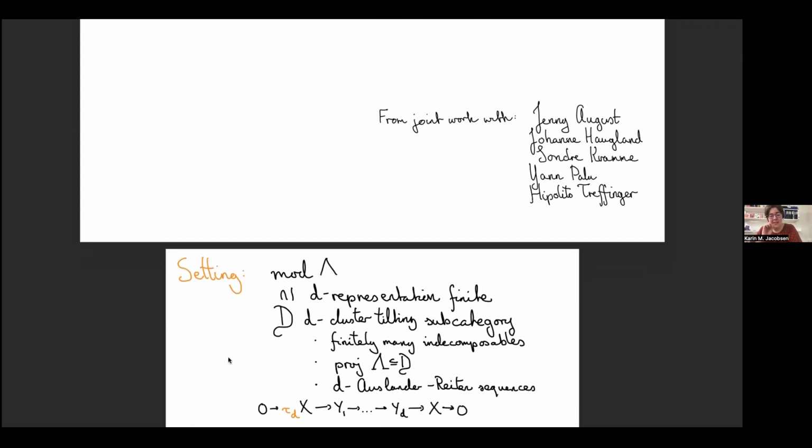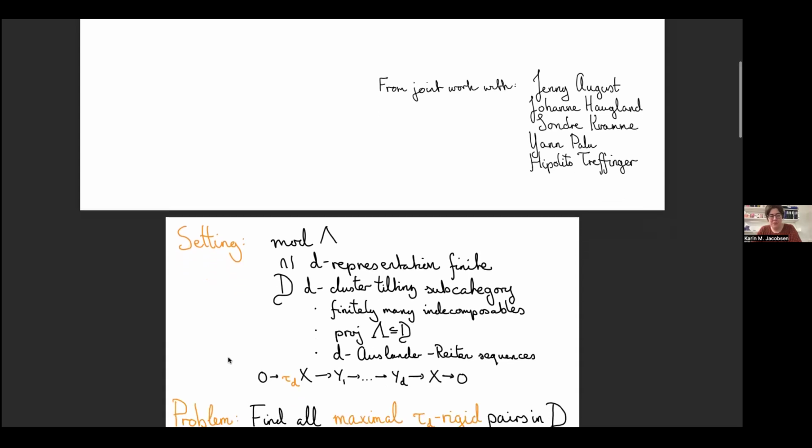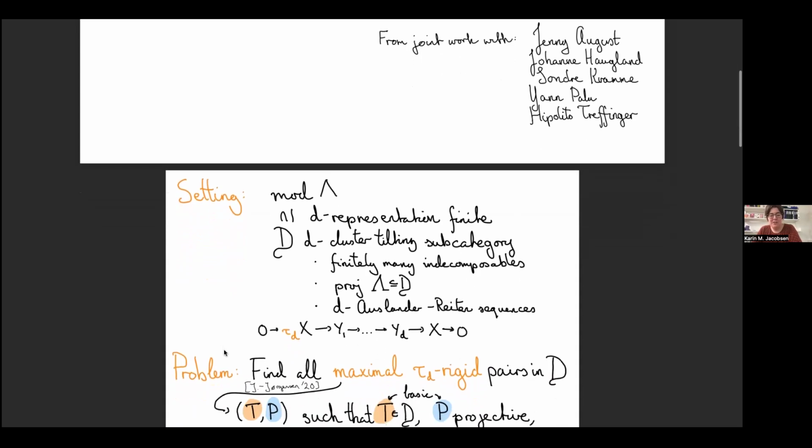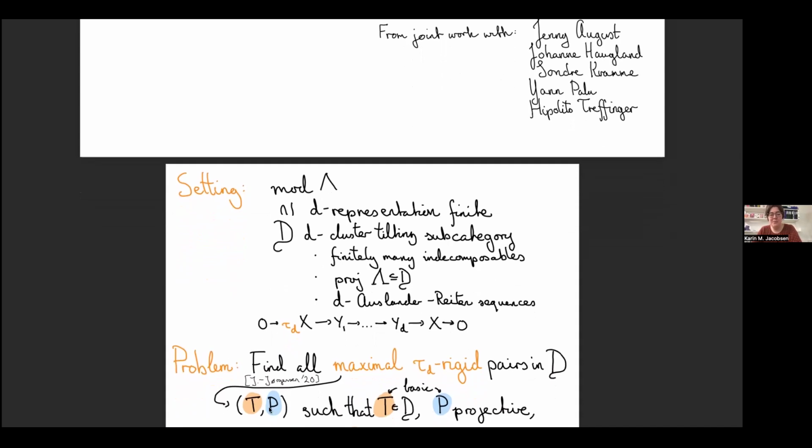Now, the question I want to do is to compute or find all maximal tau d rigid pairs in the d-abelian category, big D. I'll motivate why, but to start with, let's just look at the definition. Maximal tau d rigid pairs are pairs consisting of two modules.